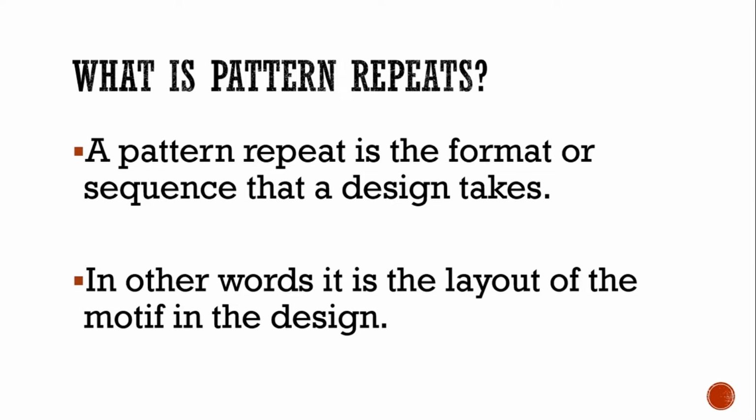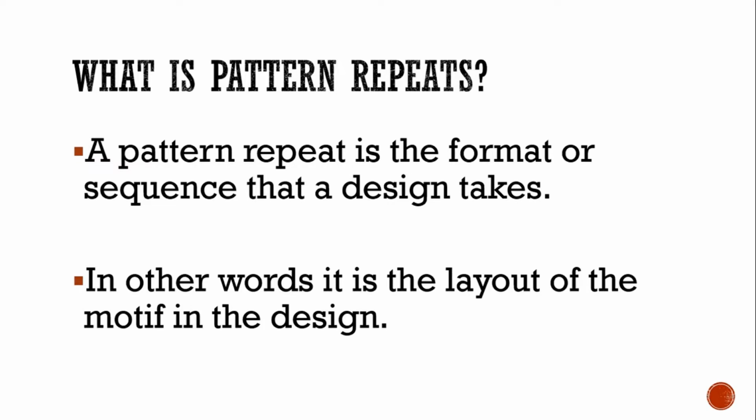A pattern repeat is the format or sequence that a design takes. For example, you want your design to alternate. You don't want to have a straight pattern with all the triangles touching like you saw just now. You can create a sequence where you have a triangle appearing every 2 spaces, every 3 spaces, or every 2 spaces, then 1 space.